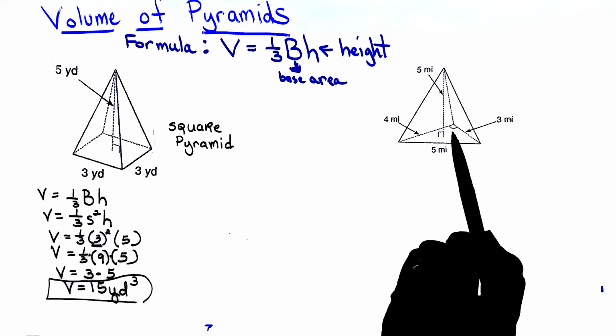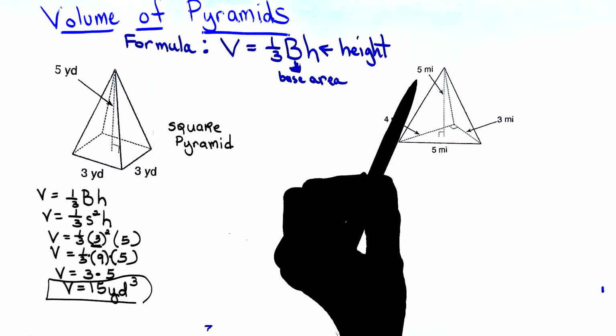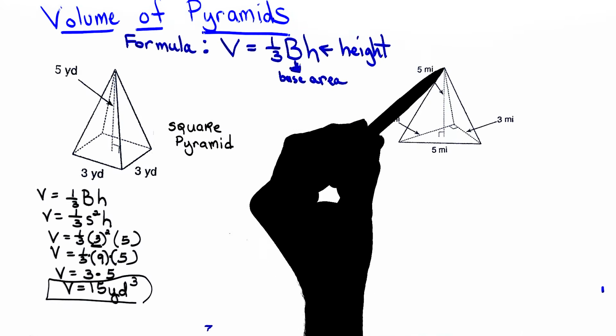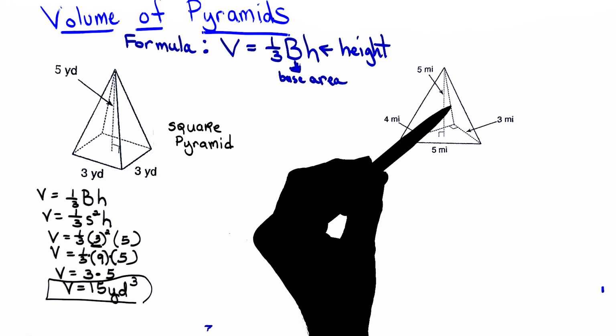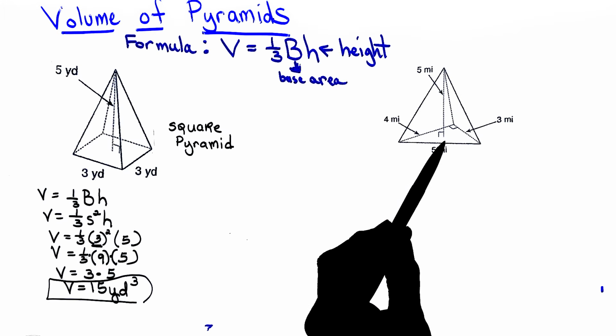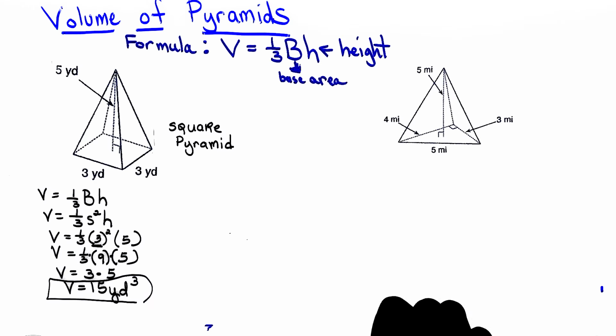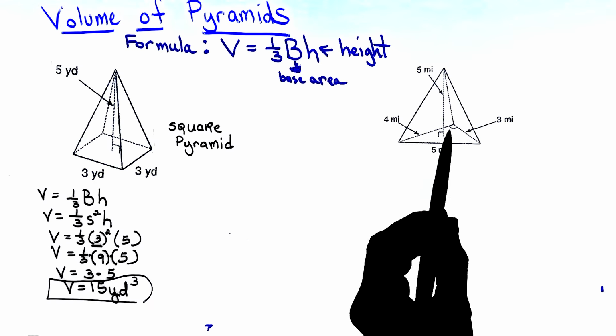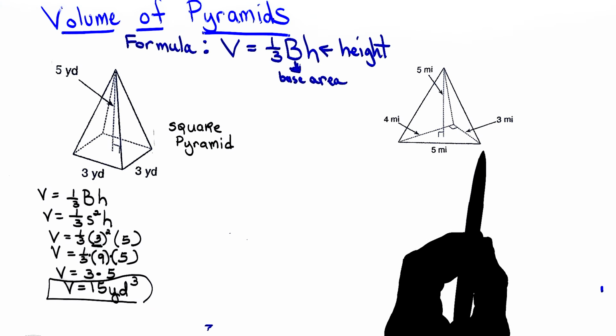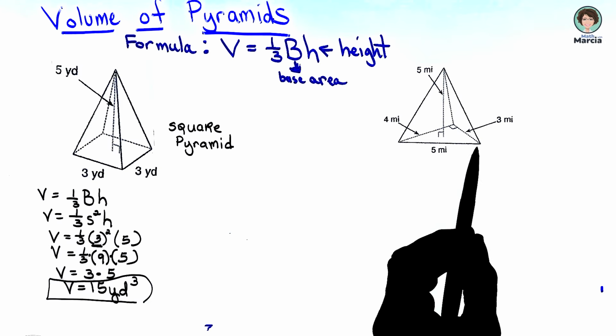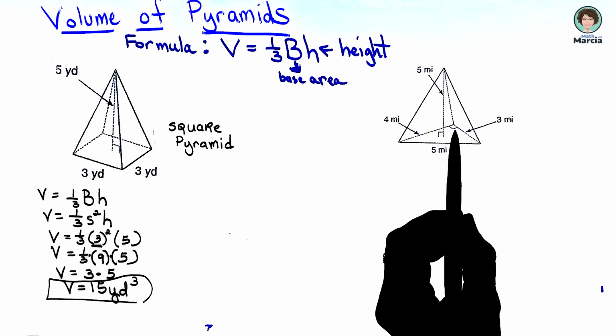I see a pyramid. It comes up to a point, apex. The height of it hits the base at 90 degrees. But now I am looking, what is the base? And the base actually is a right triangle.